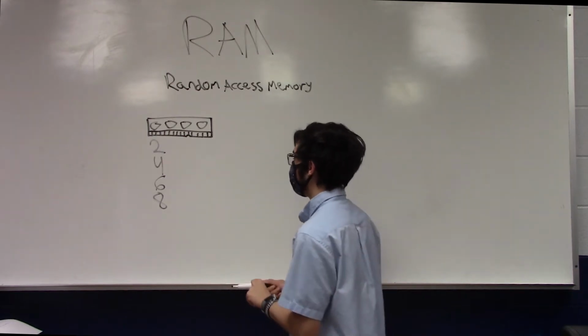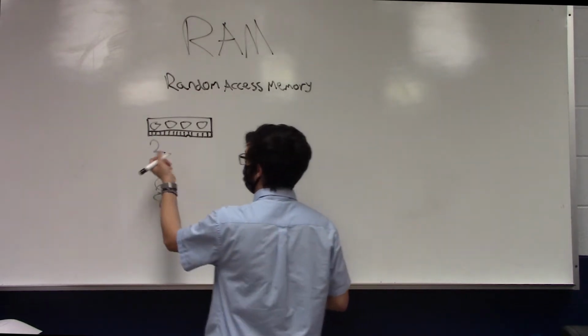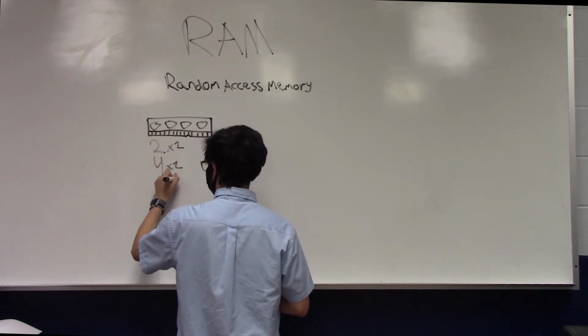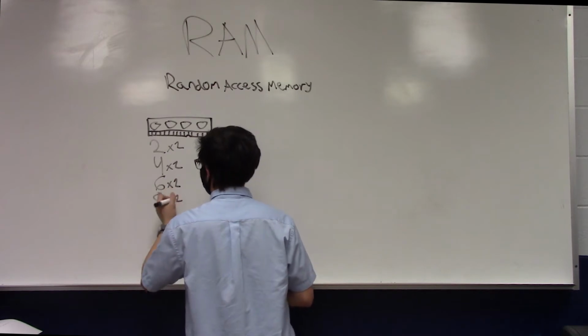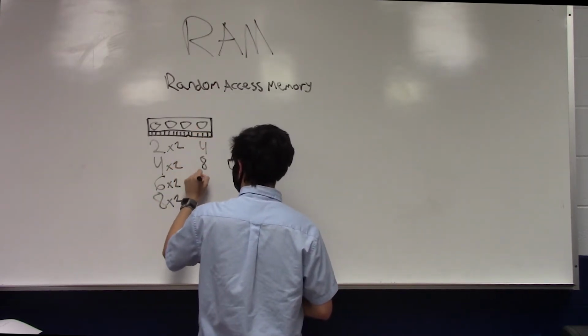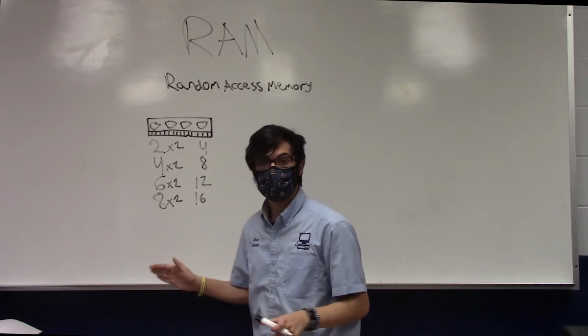And then usually in a PC, you'll have two of them. So 2 times 2, 4 times 2, 6 times 2, and 8 times 2. Which will give you 4, 8, 12, and 16. These are like the normal stuff that you can put in there.